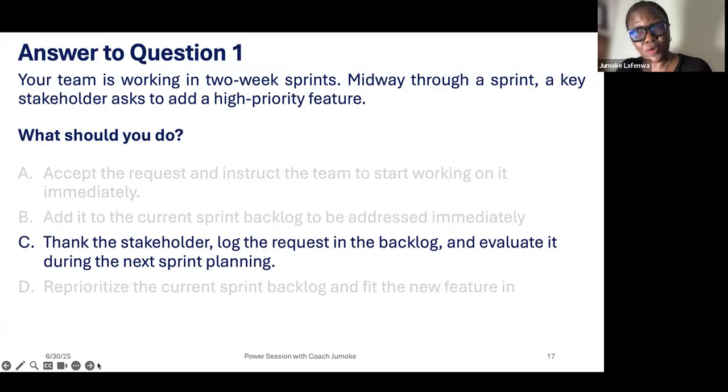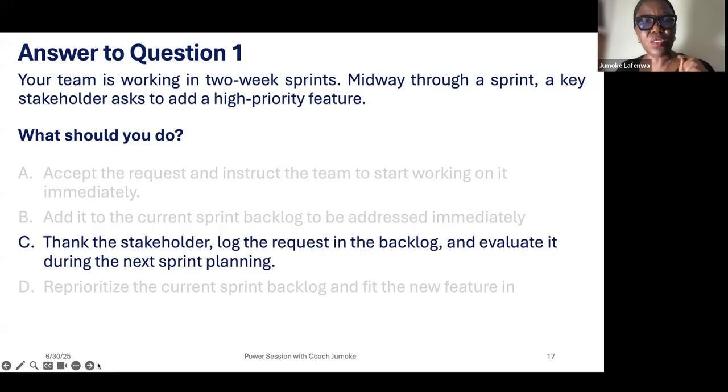So the sprint backlog is not the same as the product backlog. Earlier, I said that the sprint backlog is the work to get the features or user stories accomplished that you pick from the product backlog. So adding the feature to the sprint backlog means you have not broken down the work to be done.